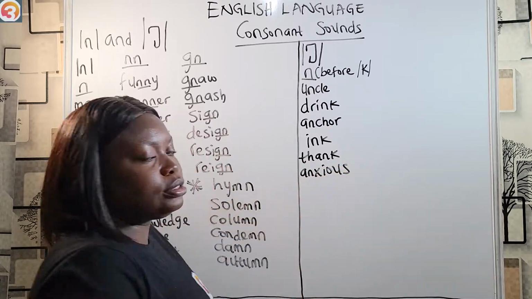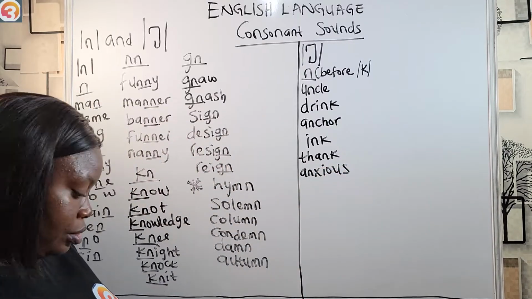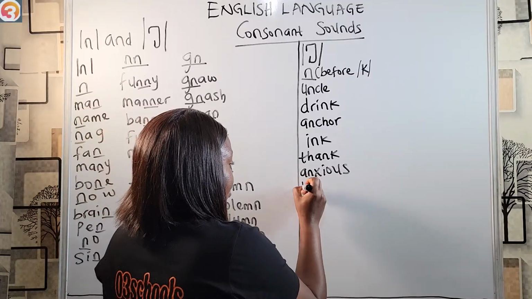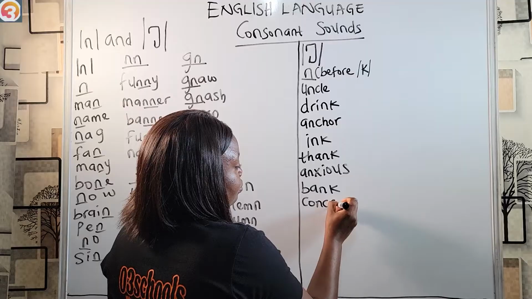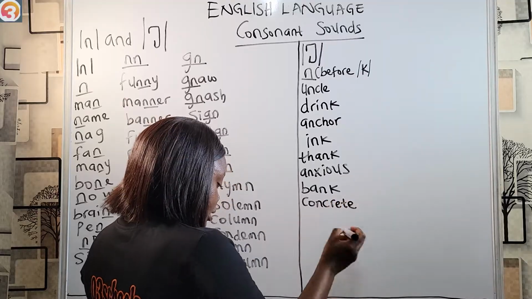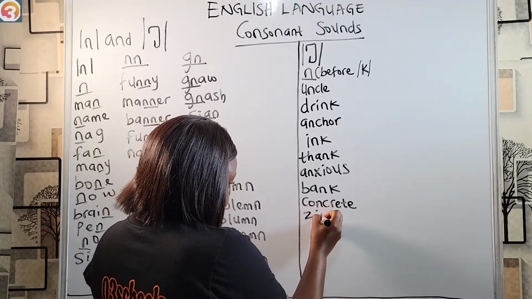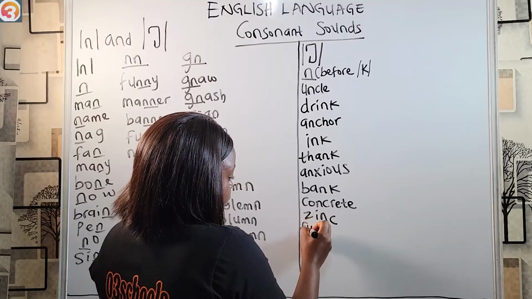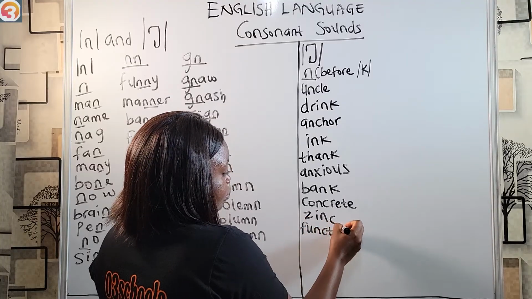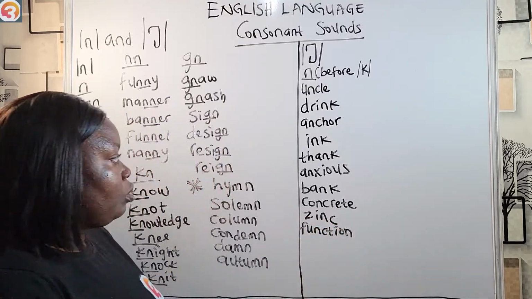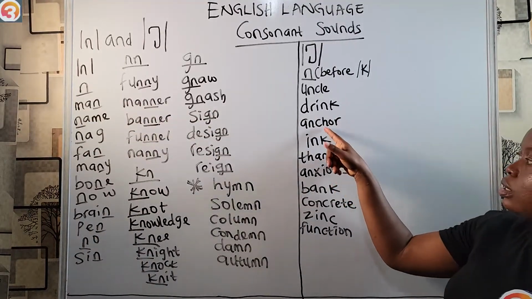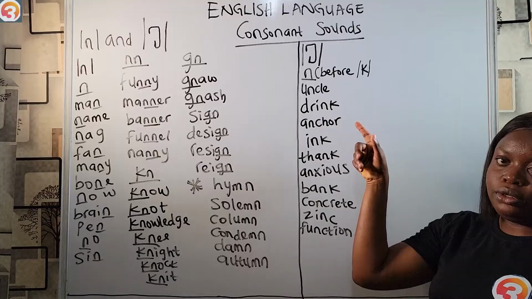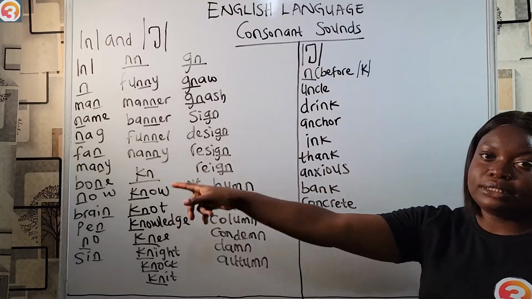This X here is producing the k sound, anxious, bank, concrete. Words like zinc, function. So in these words, the N is coming before a k sound. We classify it as ng rather than n.